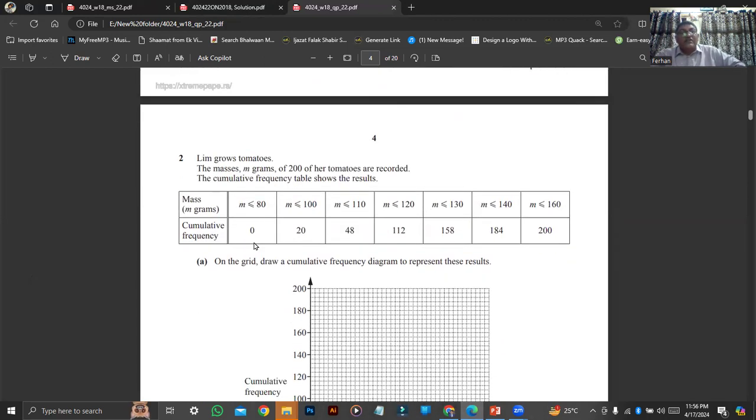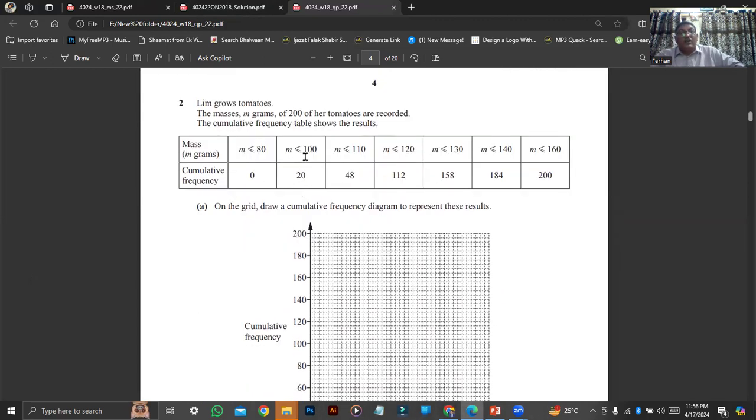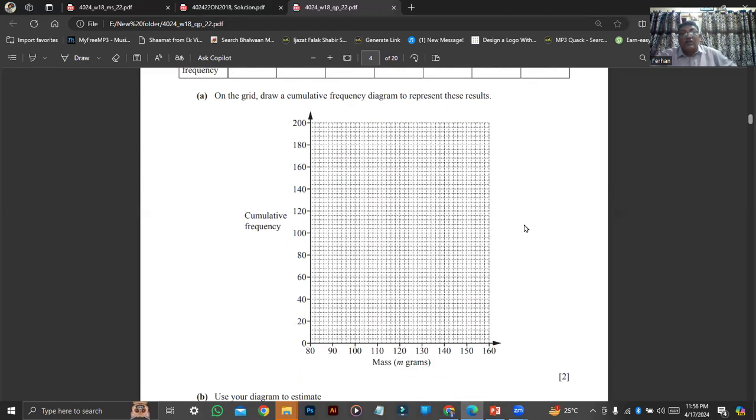At 80, you will put a dot at 0. At 100, you will put a dot at 20. At 110, you will put a dot at 48. At 120, you will put a dot at 112. For 130 grams, you will put a dot at 158. At 140 grams, you will put a dot at 184. At 160, you will put a dot at 200. So I will plot these points here.